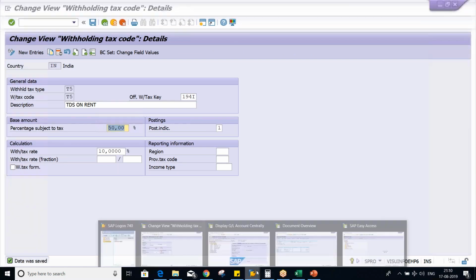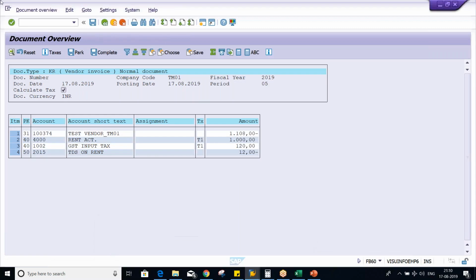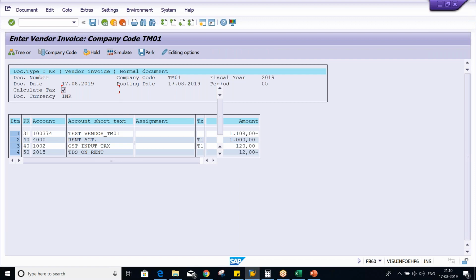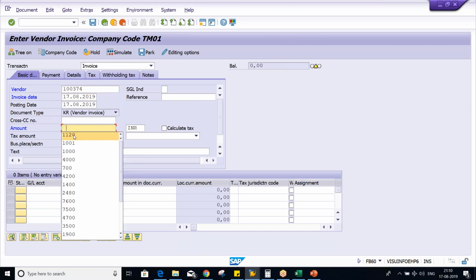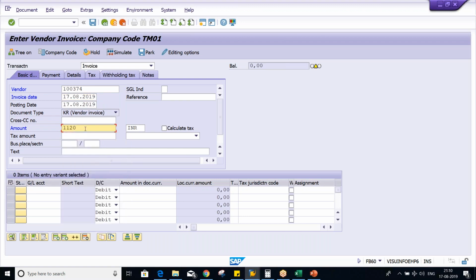Now I will just do one thing once again. Let me give a random number. Okay, don't be confused with this amount, guys. If you guys are having a perfect understanding of tax on sales purchase, then you'll come to the logic behind this, because here at header level amount is different.